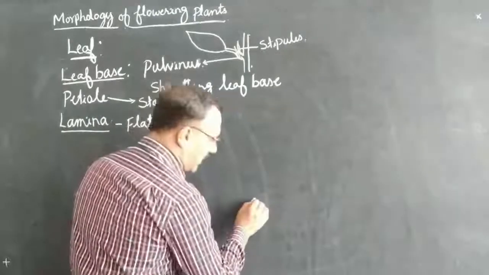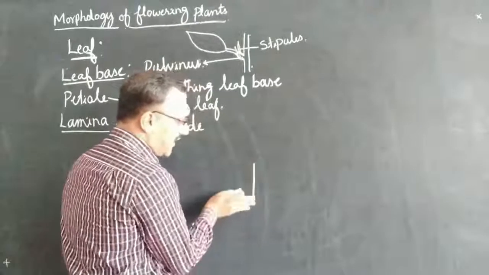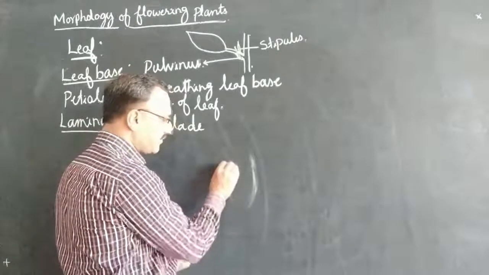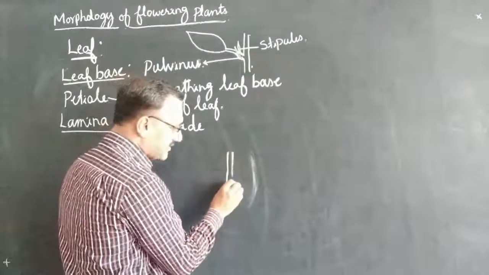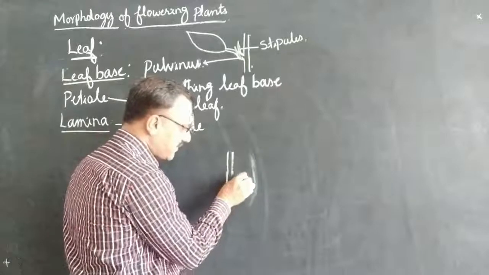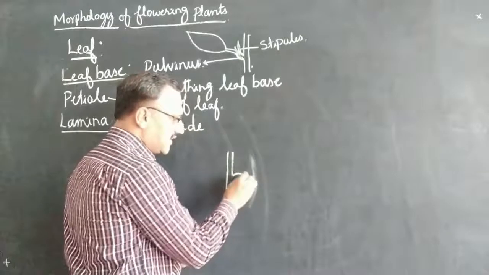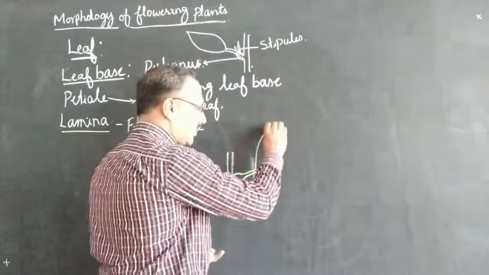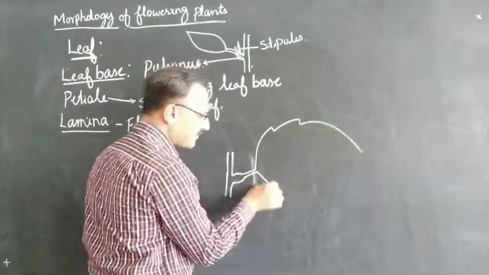Let me describe one typical leaf. A typical leaf shows, at the nodal region, the slightly bulged area called the leaf base, then comes the petiole, then the lamina.